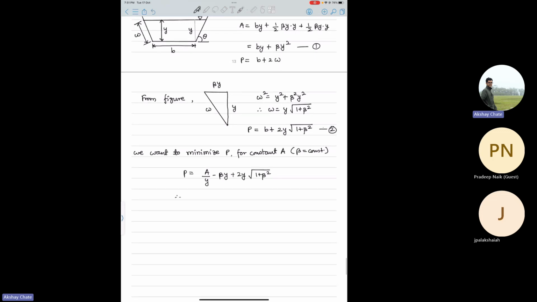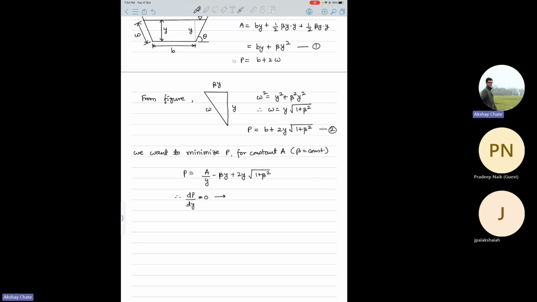So now they do dP by dy equal to 0. Here A they assume as constant, beta is constant, so the only variable is y, and you need to take the derivative with respect to y. When you equate it to 0, I'm skipping some calculations because it will take a lot of time, and that is not important also.